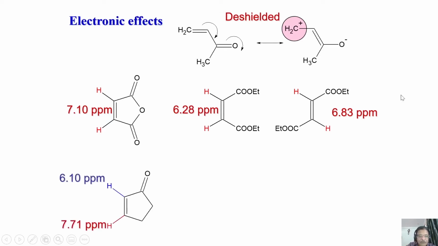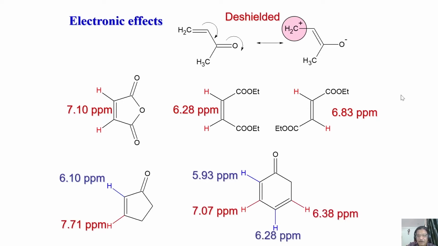Okay. So you can see the effect of all those different electronic effects in a benzene ring like this. You put a C double bond over here. Now, of course, what is here? It is different. It's not a fully aromatic system. There's no double bond here. But look at this.